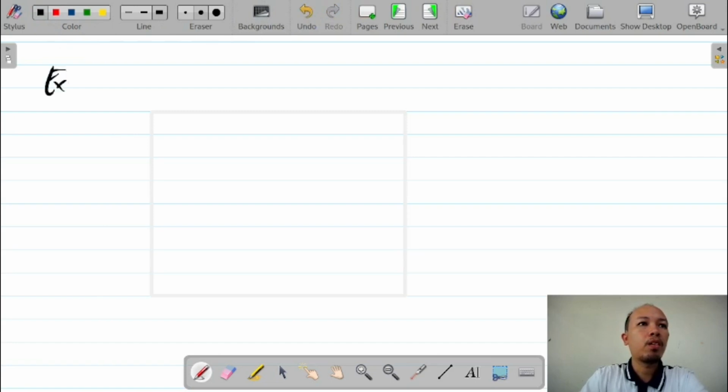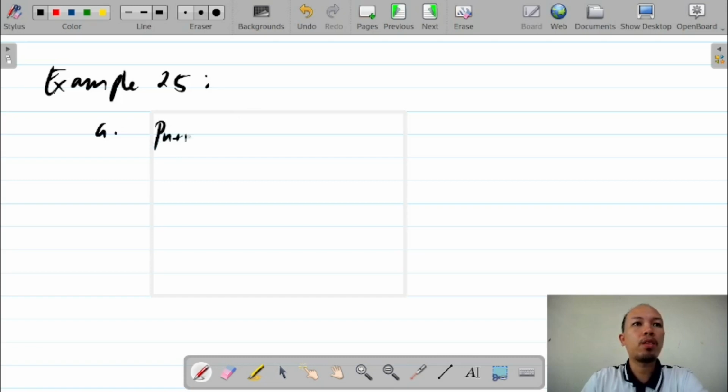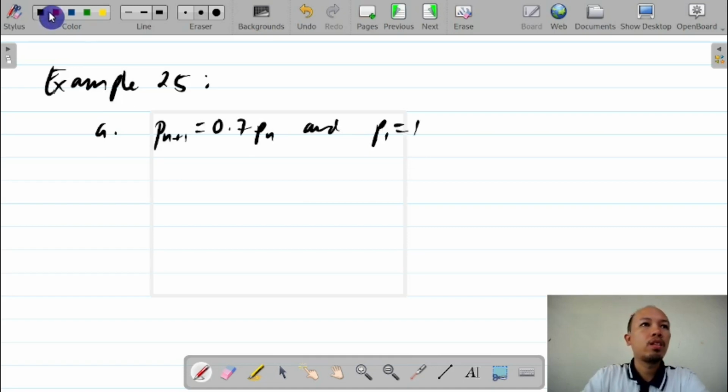Example 25. So the first sequence is given as p sub n plus 1 is equal to 0.7 p sub n, and our p sub 1 is equal to 1. So solution.